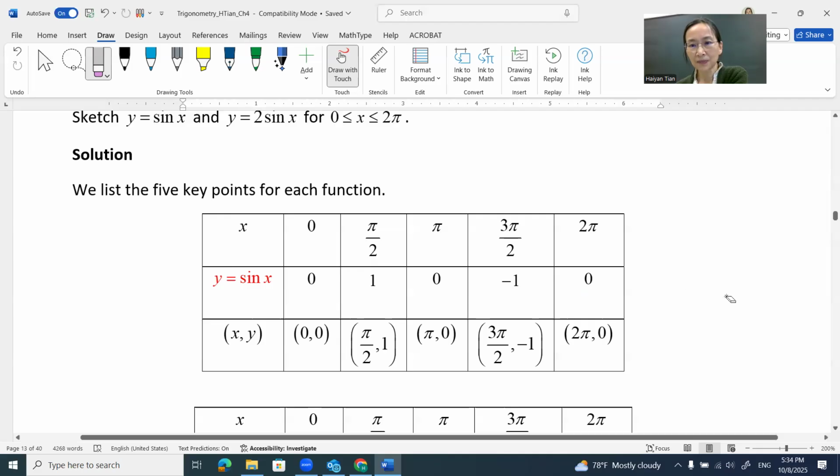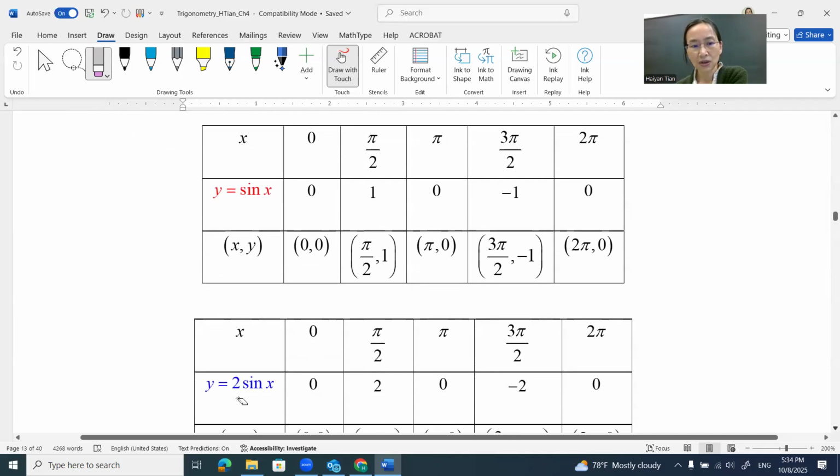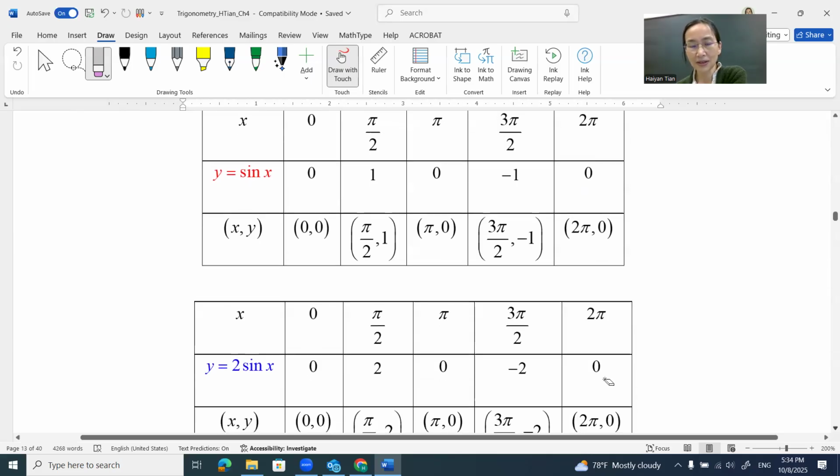But look at the new function, which is y equals 2 times sine x. The difference is only that the number 2 appears, right? So this 2 has an effect.